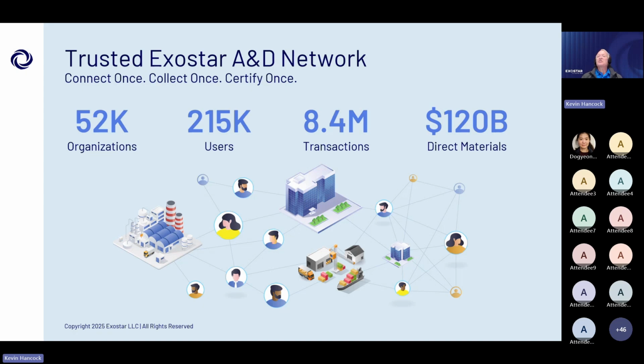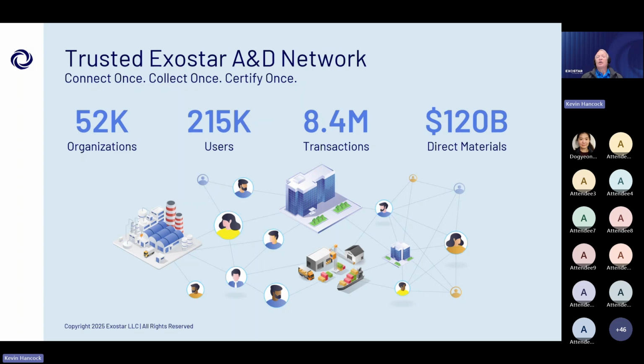So, Exostar, as many of you know, and many of you may utilize today, is a network of organizations within the aerospace and defense area. Exostar's community are those individuals who work across that network today, who go into applications, many of these supply chain collaboration tools, but many of these just regular collaboration tools, where you work together to solve problems.